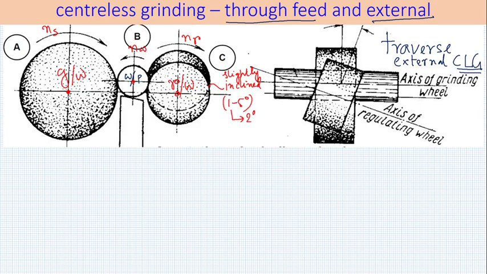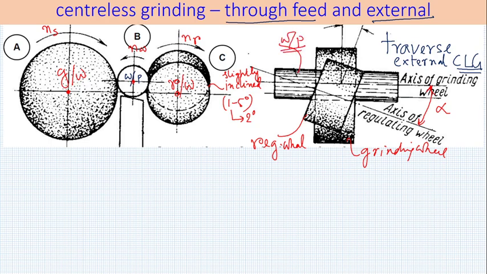Now this is your inclined regulating wheel. This is your grinding wheel. This is your inclination angle. And this is your workpiece. As you can see, the diameter is less and the L by D ratio, the way I have told, is of that zone.